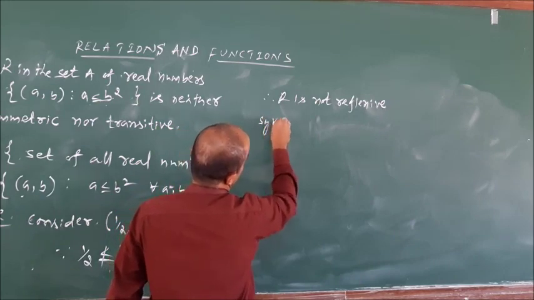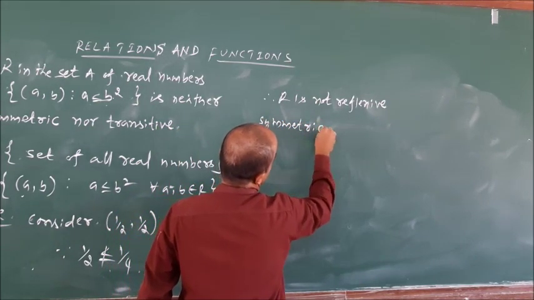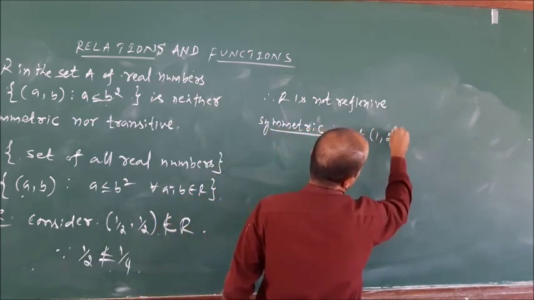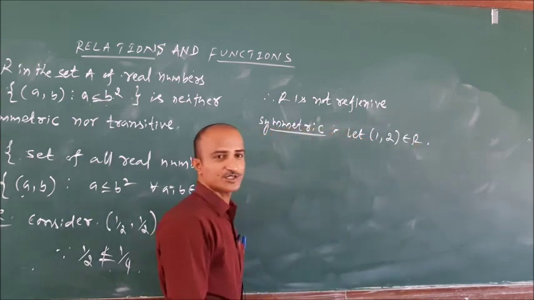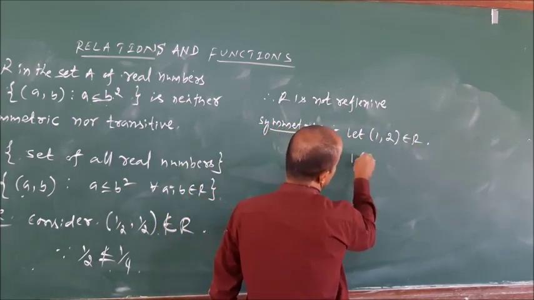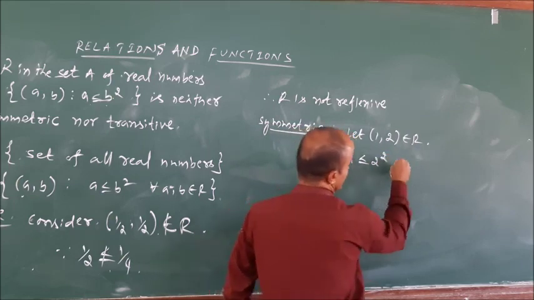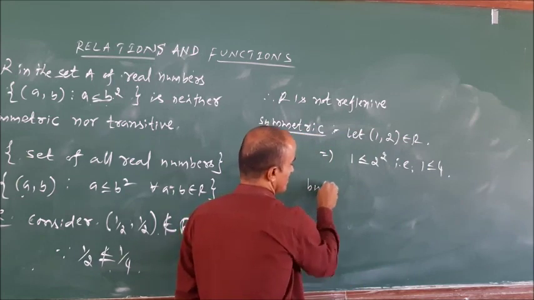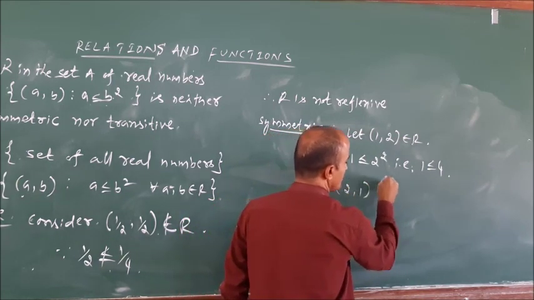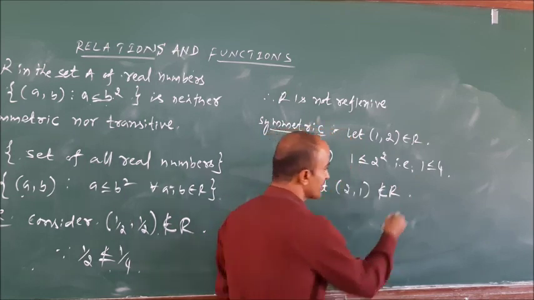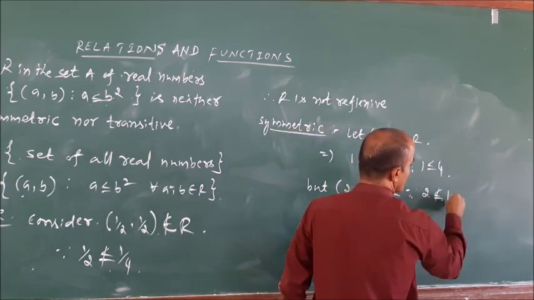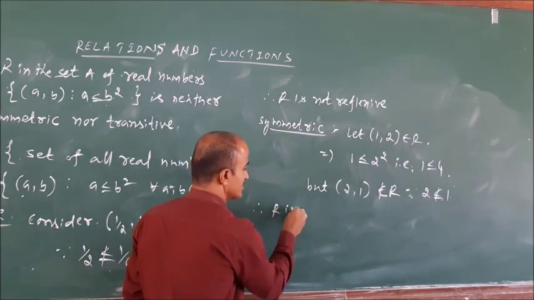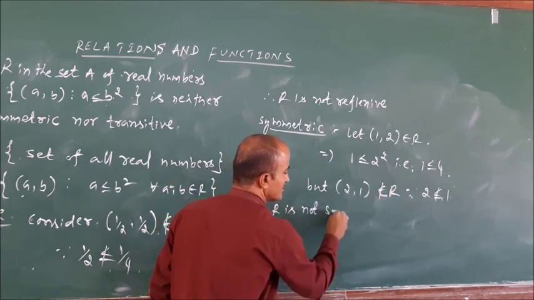For symmetric, let (1, 2) belong to R, which implies 1 is less than or equal to 2 square, that is 1 is less than or equal to 4, but (2, 1) does not belong to R, because 2 can never be less than or equal to 1. Therefore R is not symmetric.